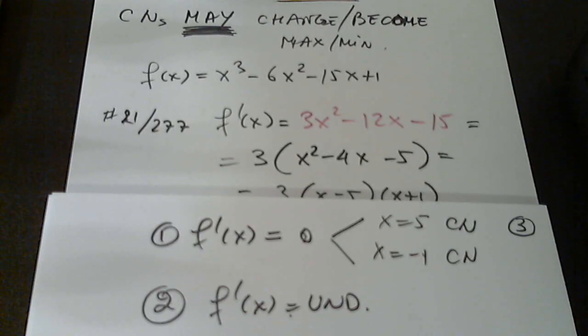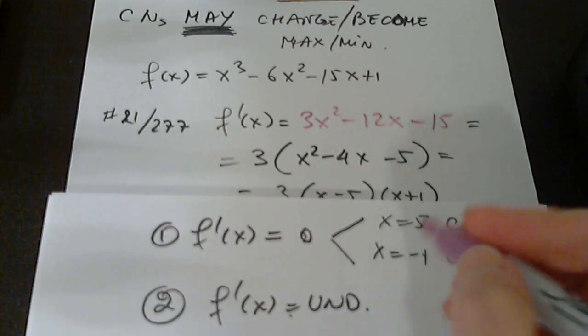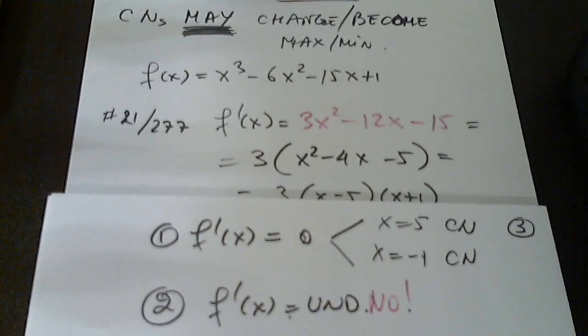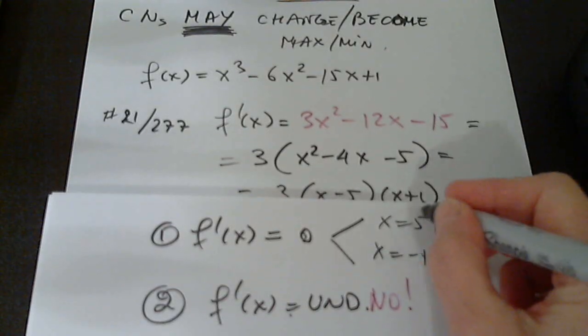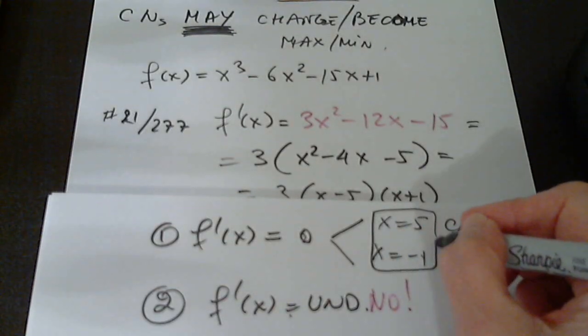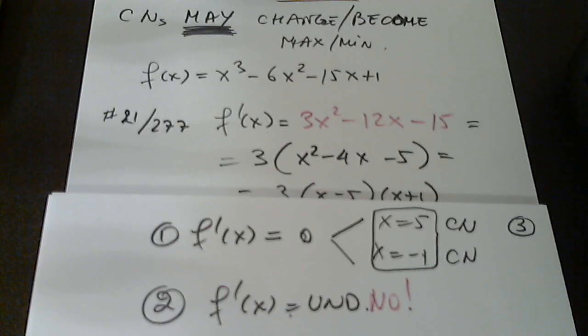Yes. F prime is a polynomial function. So polynomial functions are never undefined. They are always defined on all real numbers. So these are the only critical numbers. So the function has two critical numbers, and they are negative 1 and 5.